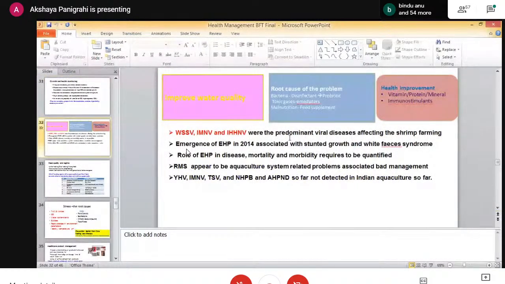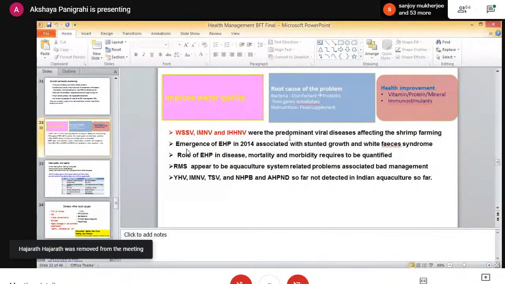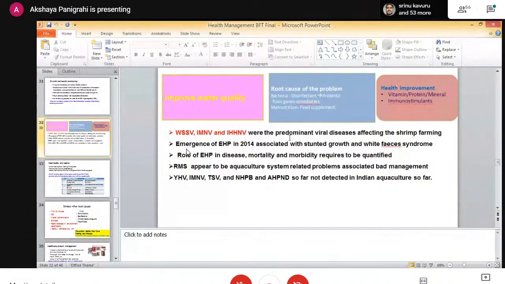Like I told in the gist, water quality should be maintained, and whenever there is a problem, you have to find out the root cause. What I find is many farmers are excited to put in enrofloxacin or oxytetracycline or tetracycline, all those things.